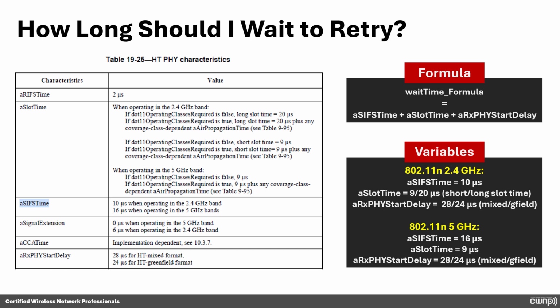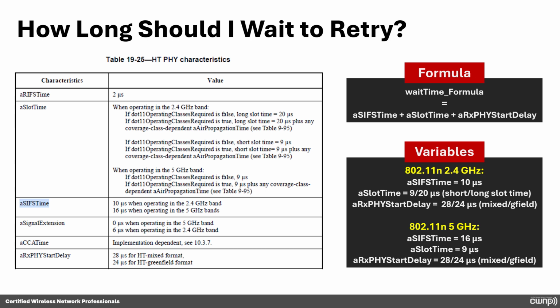And notice the difference between 20 microseconds versus 9 microseconds is based on whether dot11OperatingClassesRequired is false. Well, dot11OperatingClassesRequired has to do with the backward compatibility capabilities. And this can be set in the beacon frames of the APs, and it can also be inferred.